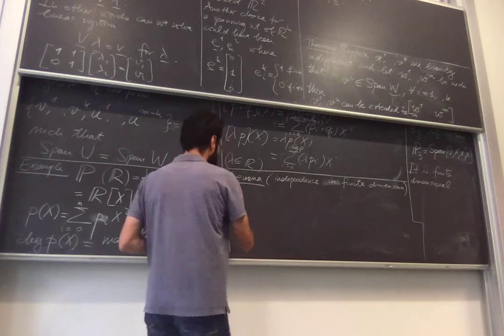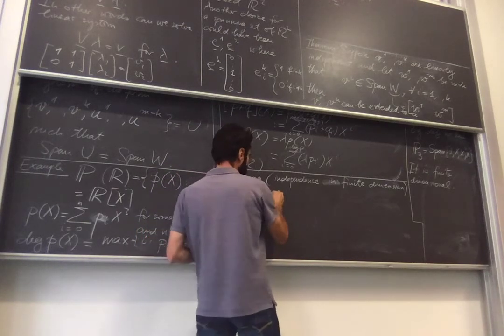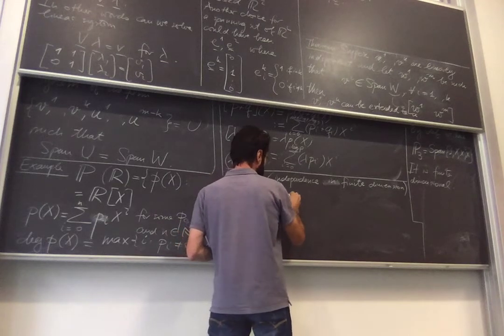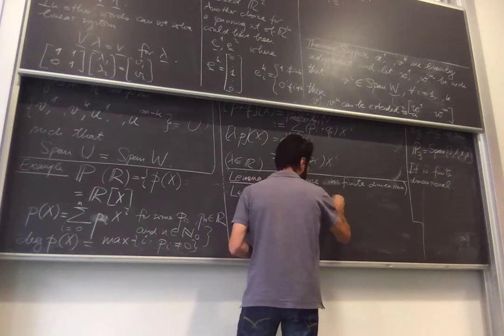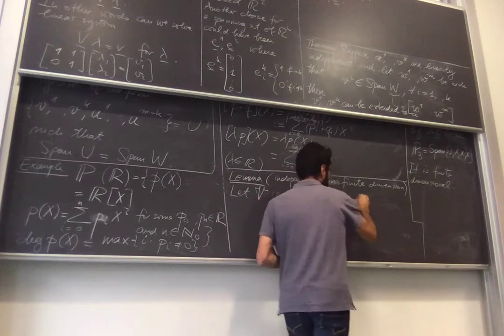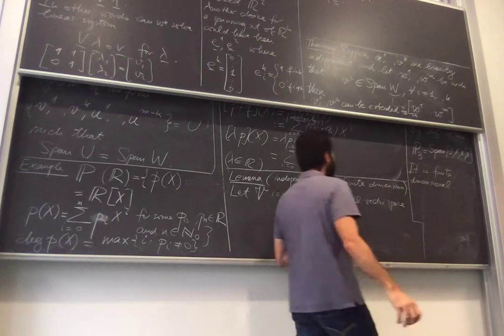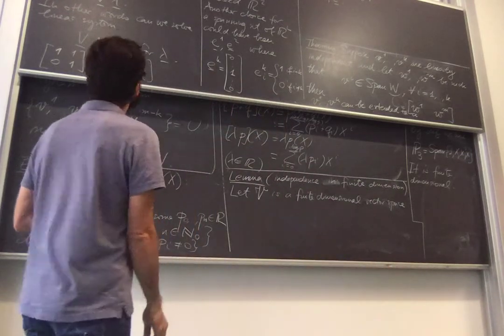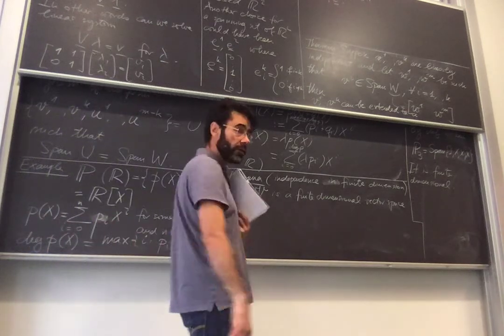Okay? So suppose V is a finite dimensional vector space. You go and you look at the definition of finite dimensional vector space. I've erased it, but you have it in your notes.